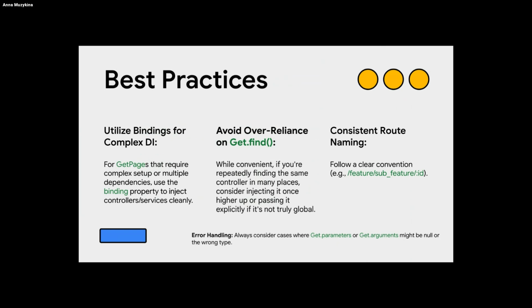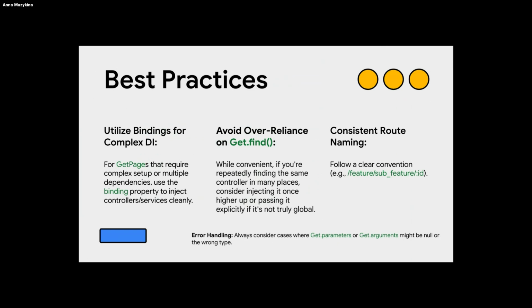Of course, avoid over-reliance on Get.find. While simple for quick access, if you are constantly calling Get.find everywhere, it might indicate a slight design issue. Consider if the dependency can be injected once at a higher level or passed down explicitly if it's not a truly global service.